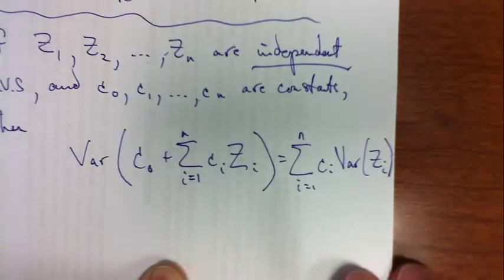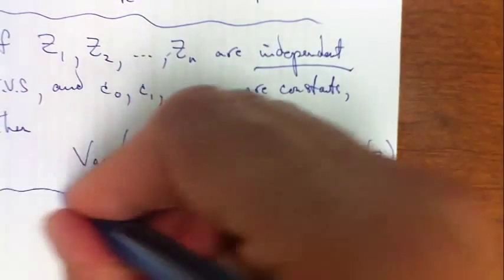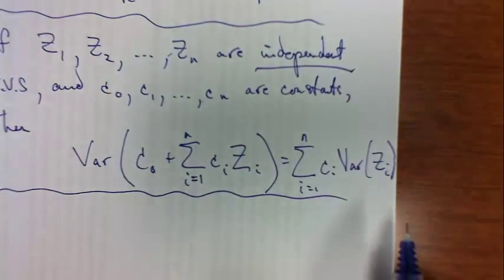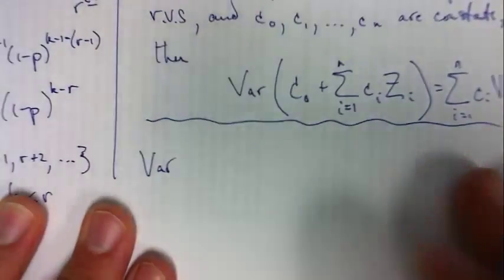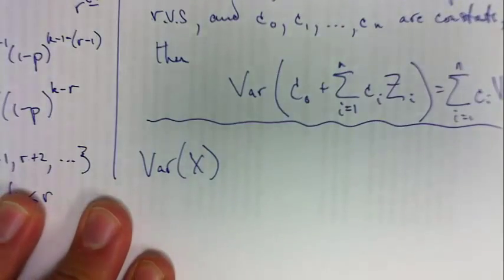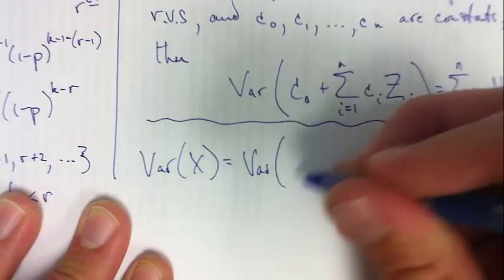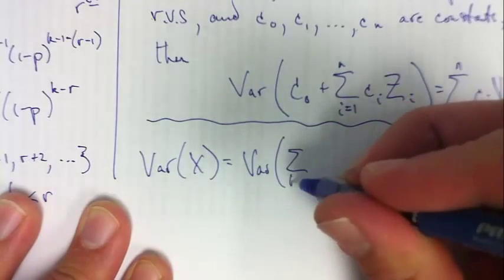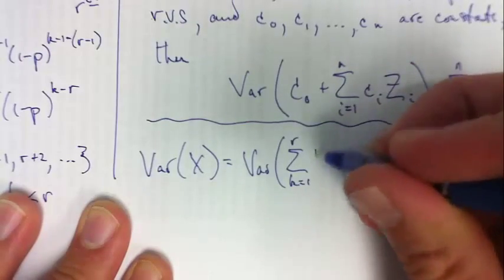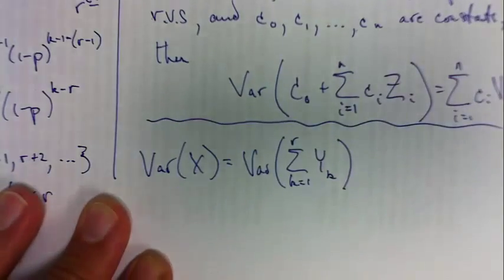All right, so then I'm going to use this. Maybe we'll call that a lemma. I want to get the variance now of this negative binomial random variable. And again, I'm going to express it as the sum of r geometric p random variables.